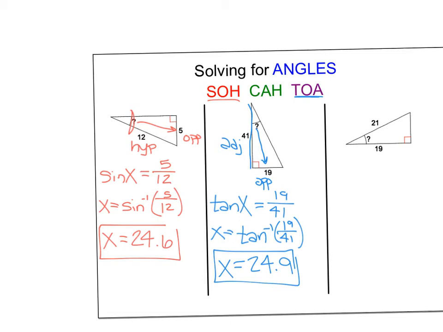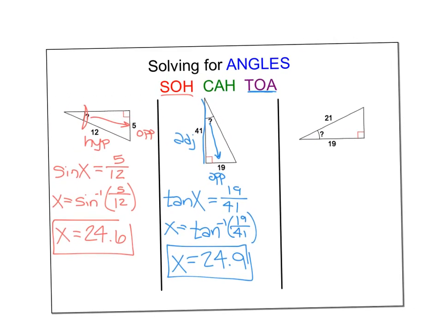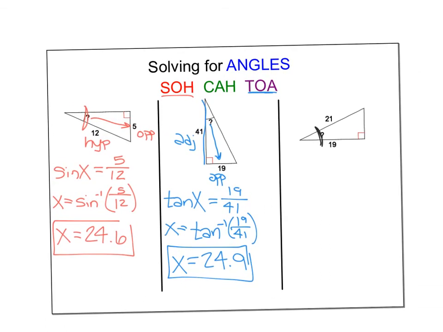All right, and now last example here, I'm going to look at the same thing. So from this angle that we're trying to solve for, we have the adjacent, so that's the attached side here. And we also have the hypotenuse, which is directly across from that right angle. So adjacent and hypotenuse, that'll tell me I'm talking about cosine.